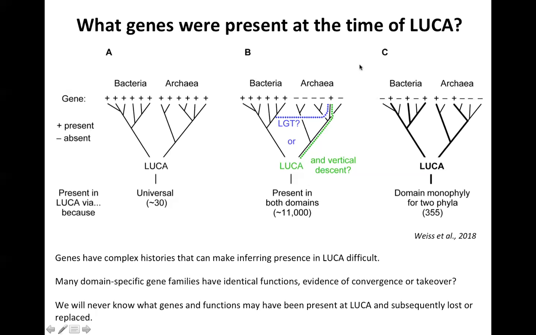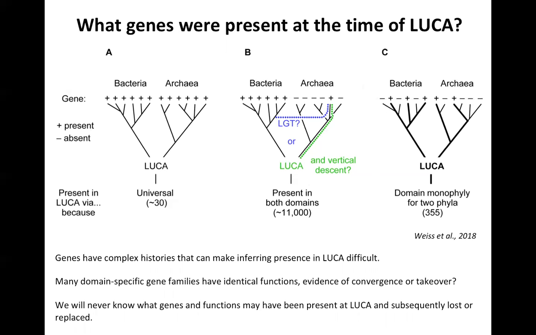What genes were present at LUCA? In a very simplistic way, you can simply look at all the genes that are universally conserved and assume that these were present in the common ancestor. But this might not be true, because gene transfer could have spread these genes around after the time of LUCA. Conversely, many genes may have been lost in some lineages, therefore inferring false negatives, thinking the gene was not at LUCA while it was.